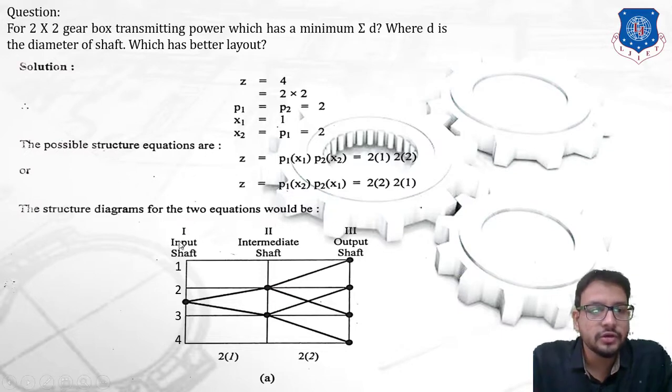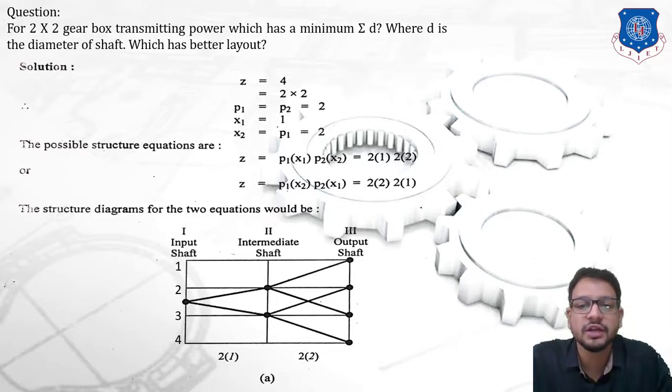Over here you can see I have drawn the first structural diagram based on our structural formula 2^1 into 2^2. I have already discussed that there are two stages. This space represents stage 1 and this space represents stage 2. Now how many horizontal lines do we need to draw? z is equal to 4, which means 4 horizontal lines we need to draw.